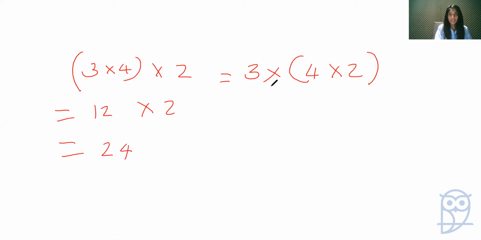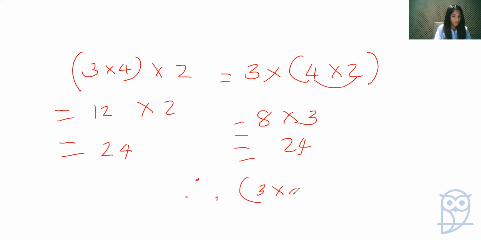On the right-hand side, we do the same thing: 4 times 2 is 8, and 8 times 3 is equal to 24. Therefore, 3 times 4 times 2 is equal to the same as 3 times 4 times 2.